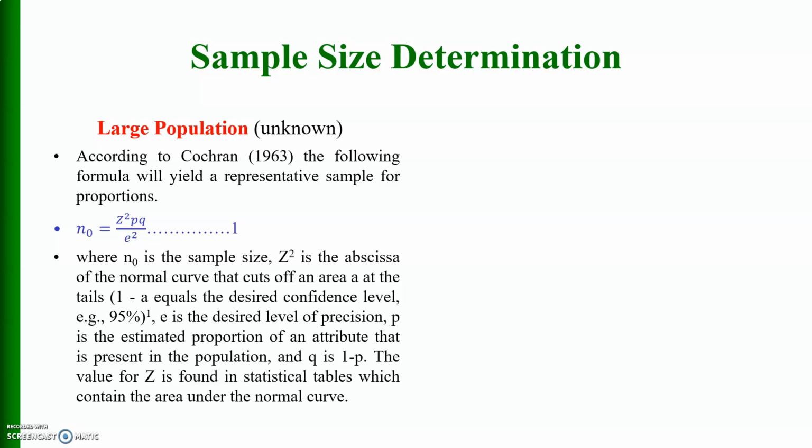The value of z can be found in statistical tables which contain the area under the normal curve, and this is available in different statistics books.